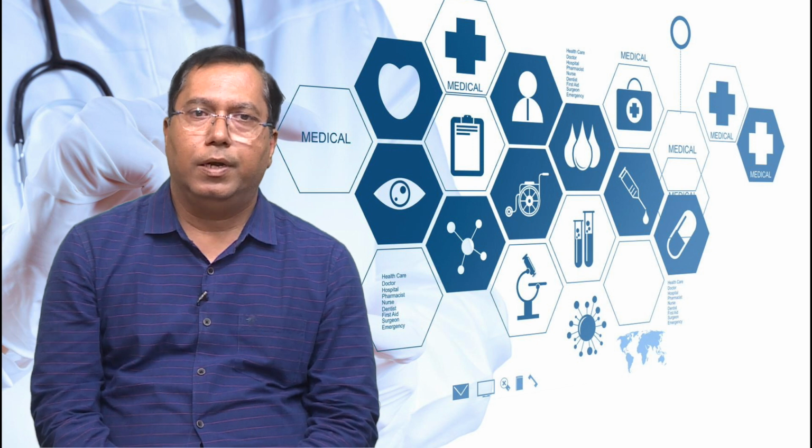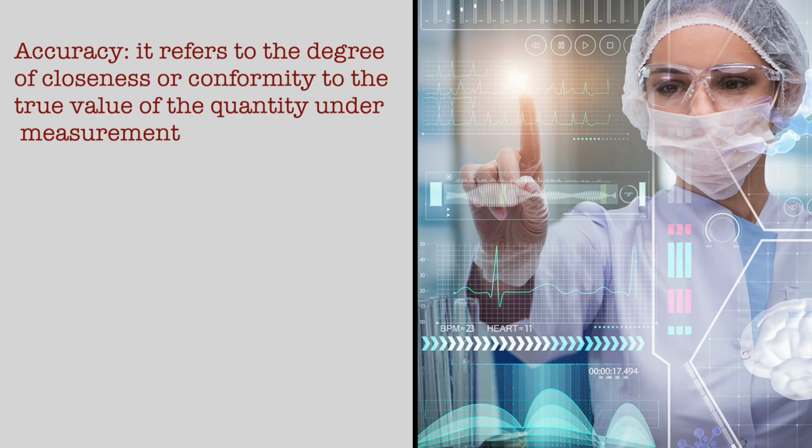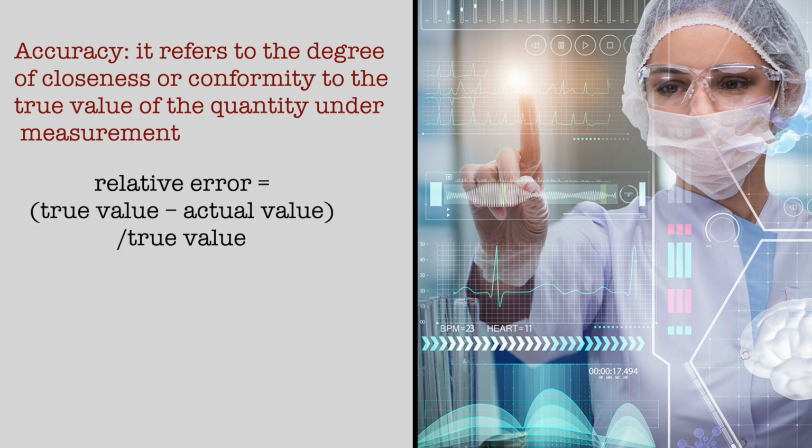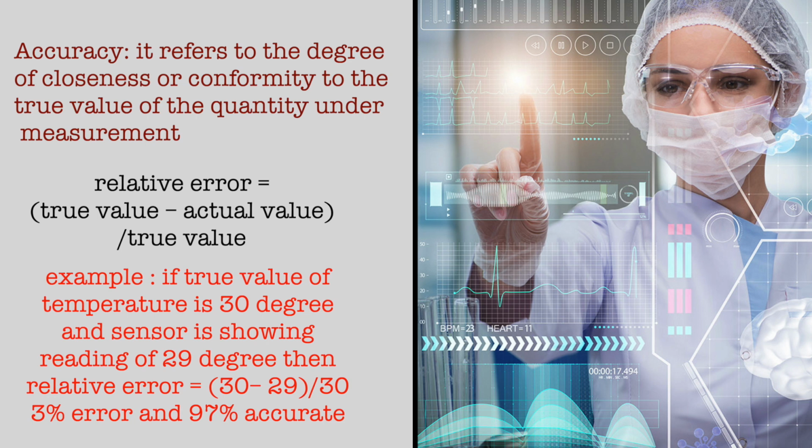It can be represented by calculating the relative error, which is given by the true value minus the measured value divided by the true value. For example, if the true value of the temperature is 30 degrees and our sensor is showing a reading of 29 degrees, then the relative error will be (30 minus 29) by 30, that is about 3% error, or we can say that our sensor is 97% accurate.